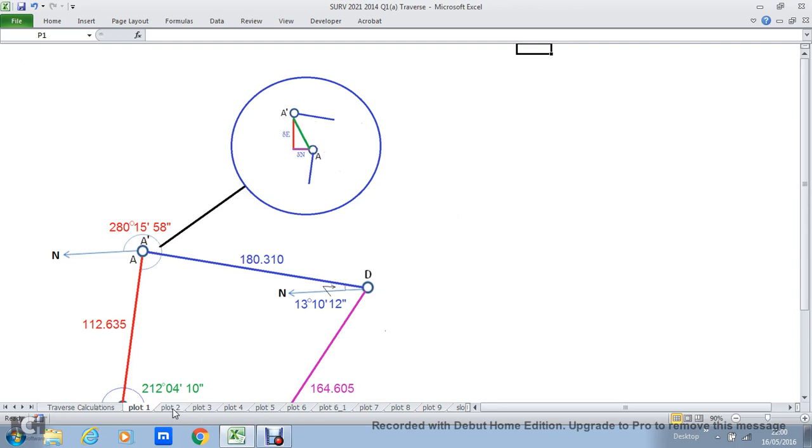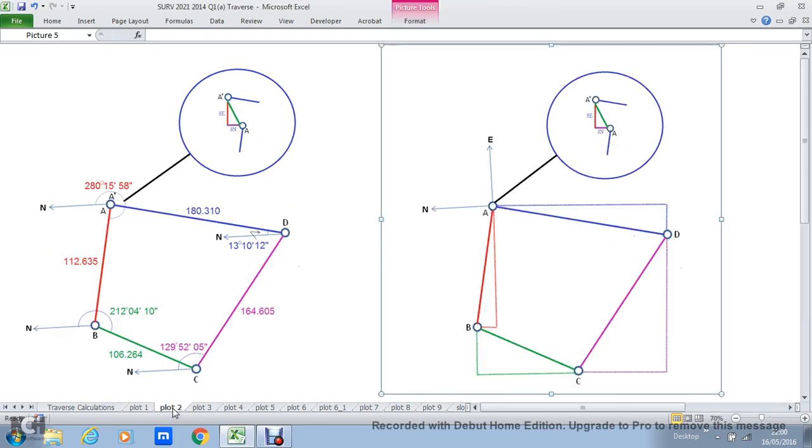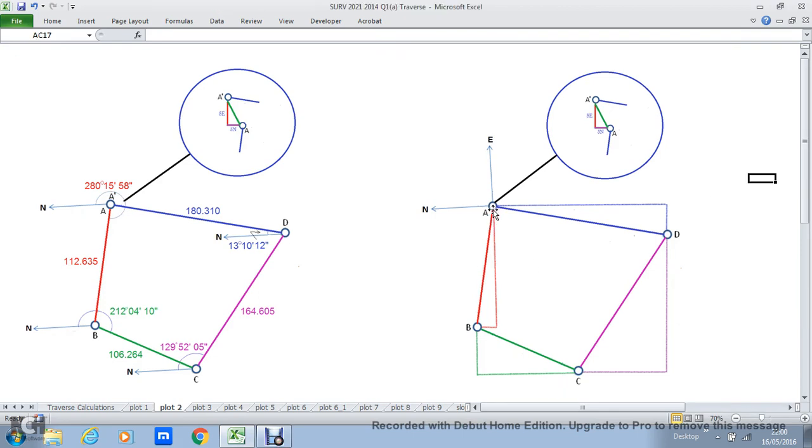Okay, then if I come to this second plot here, what you see for each of these lines is what's known as the partial coordinates. And basically for each line here, for each set of polar coordinates, what we're going to do is transform them into what's known as Cartesian coordinates, which are basically this line resolved into the easting direction and into the northing direction.